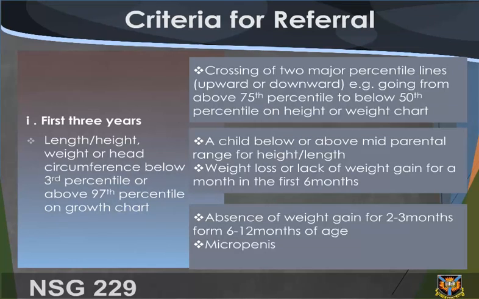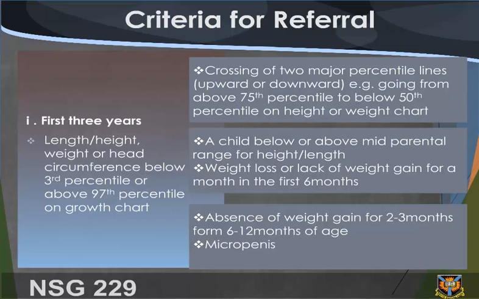Criteria for referral. 1. First 3 years. Length, height, weight, or head circumference below 3rd percentile or above 97th percentile on growth chart. Crossing of 2 major percentile lines upward or downward, e.g., going from above 75th percentile to below 50th percentile on height or weight charts.